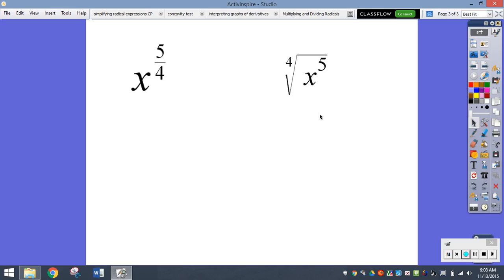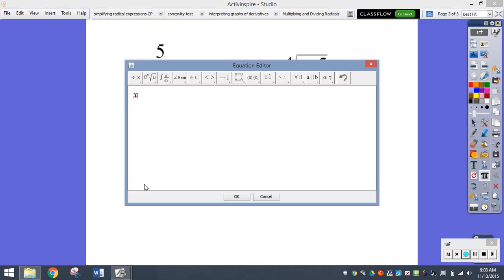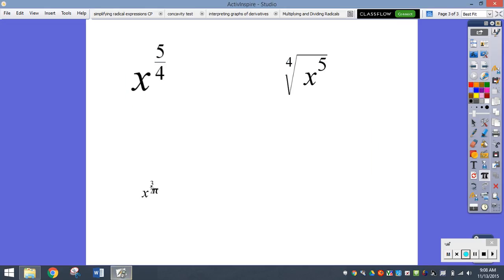The same thing's true for your square roots, if there's a 2 as your denominator. So let's say we had x to the 3/2.